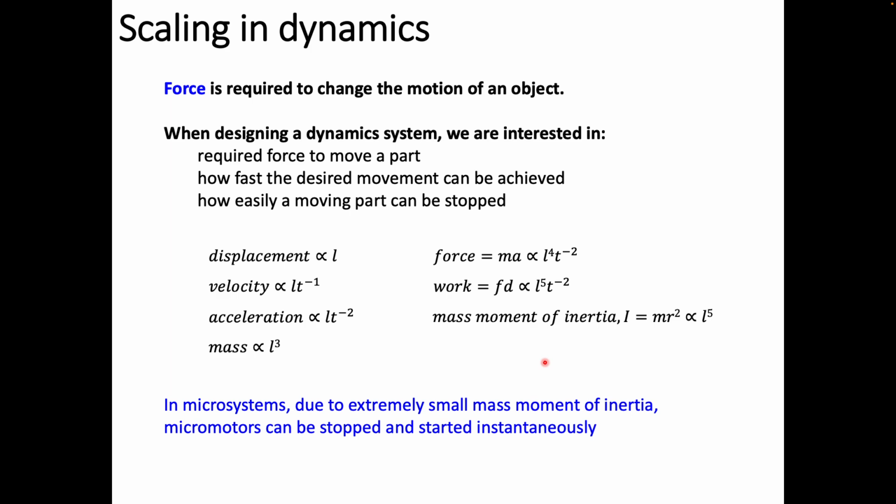What that means is that for a small object, the mass moment of inertia is very small, so it can instantly start and instantly stop. That is an advantage of why we sometimes want to use a micro scale dynamic system, because it can be very easily started and then very easily stopped right away.